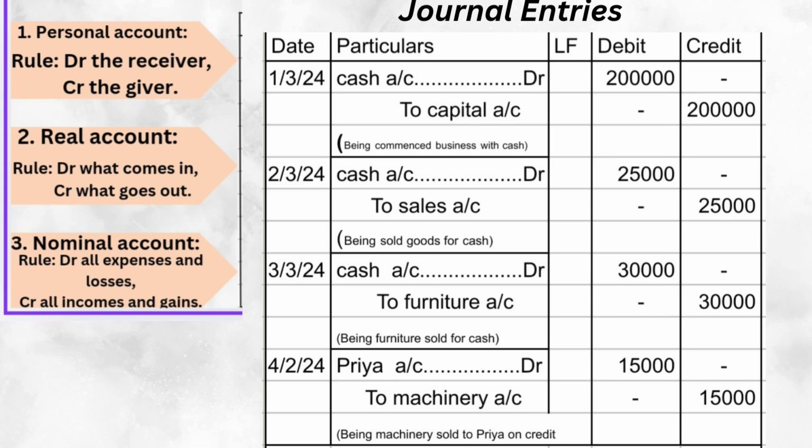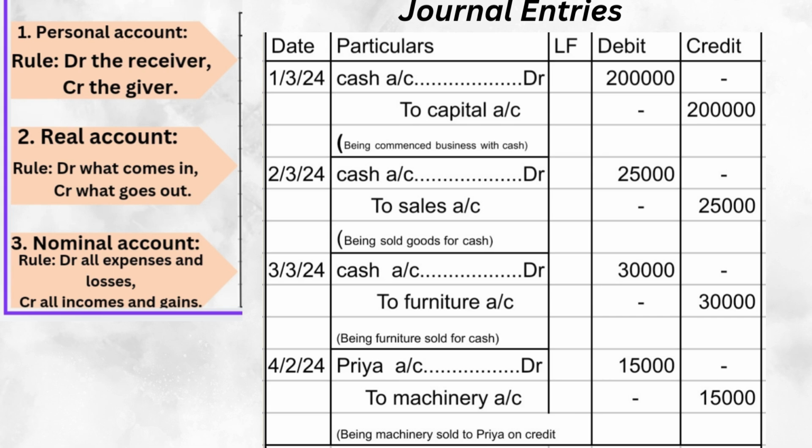When goods are mentioned, write to sales. What is coming inside in the third transaction? Cash is coming inside. What is going out? Furniture is going out. A specific asset is mentioned. So cash account debtor to furniture account, narration being furniture sold for cash, amount at debit and credit 30,000 each.